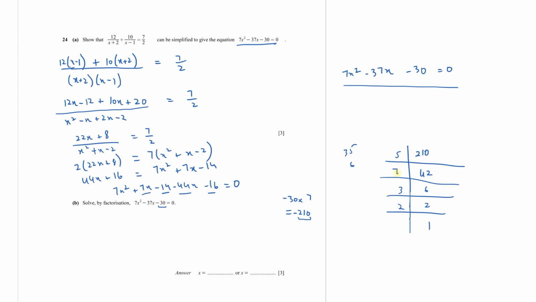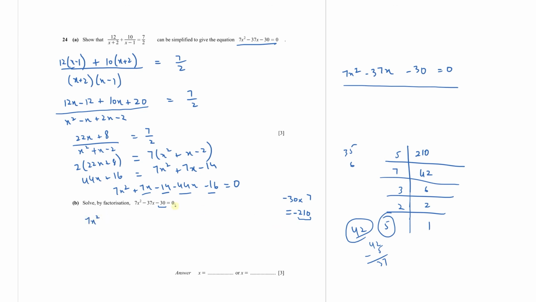So let's see. If I have 3 twos are 6, 7 sixes are 42, and I'm left with 5. So 42 and 5 are factors of 210 because 42 times 5 is 210. And if I subtract 5 from 42, I get 37.